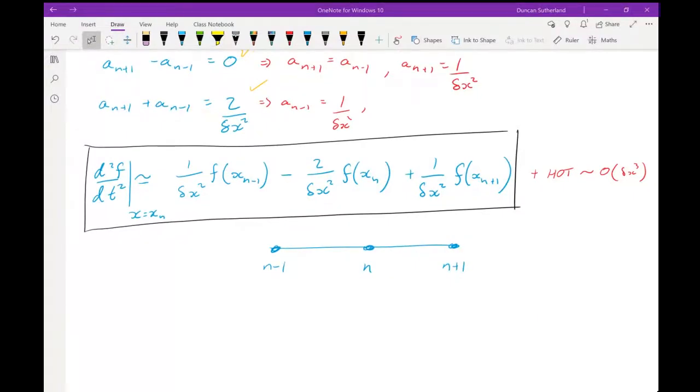Okay, so let's just pause there for questions. Is everyone happy with this? Did you sort of understand how to go through by starting with a Taylor series and then figuring out the coefficients of the series that we constructed by equating the terms across the equation? Is everyone happy with that?